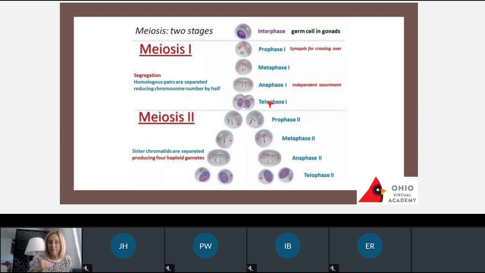Now you notice this says germ cells in the gonads. If you are a male, this is always happening. You are continually producing your gametes, your sex cells. Your cells will always be things that you are using energy to create.